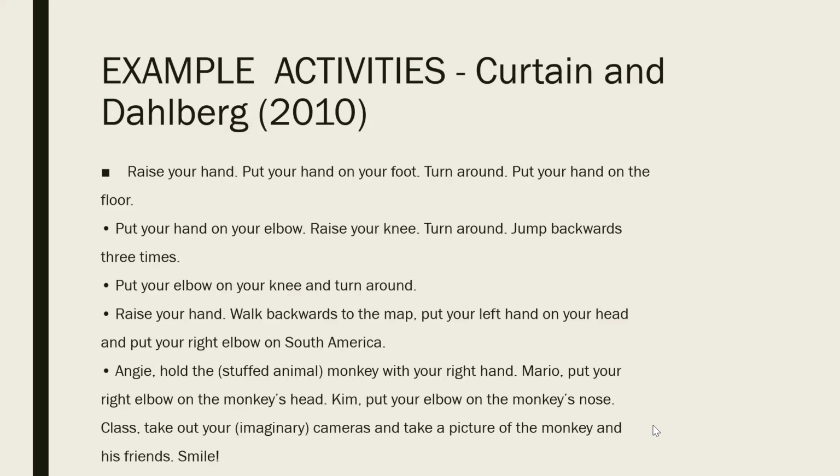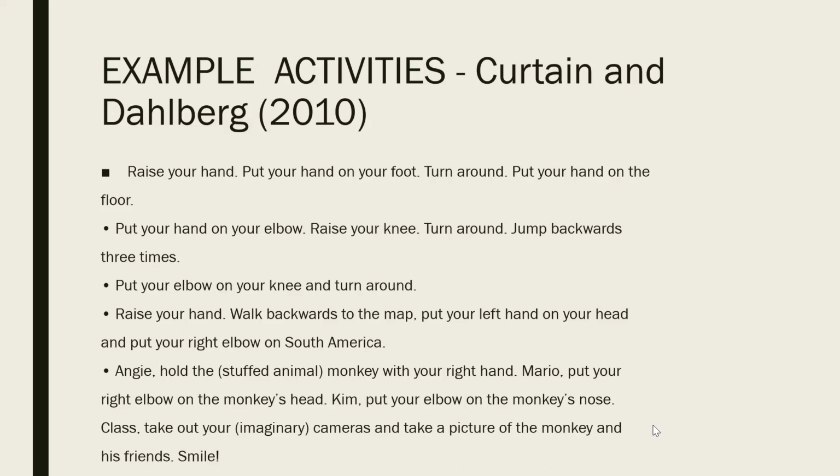Put your hand on your elbow, raise your knee, turn around, jump backwards 3 times. Put your elbow on your knee and turn around. Raise your hand, walk backwards to the map, put your left hand on your head and put your right elbow on South America, that map again. Angie, hold the stuffed animal monkey with your right hand.